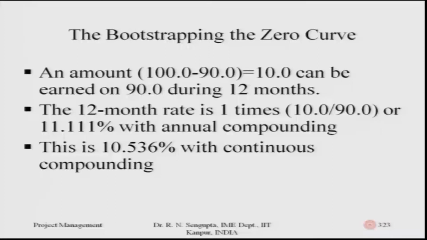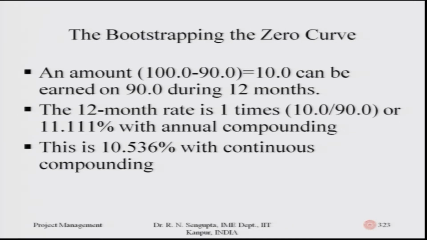That is 10 by 90, so the ratio comes out to be 11.111. The interest rate is calculated on an annual compounding basis, so if you convert it into a continuous compounding basis, the value comes out to be 10.536.